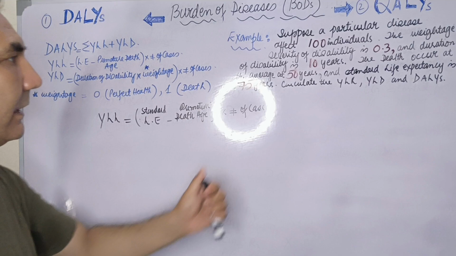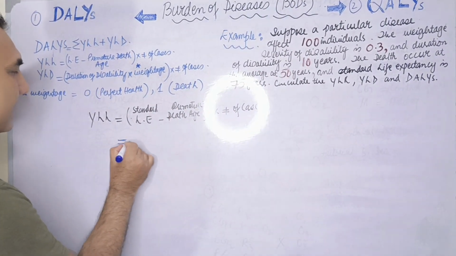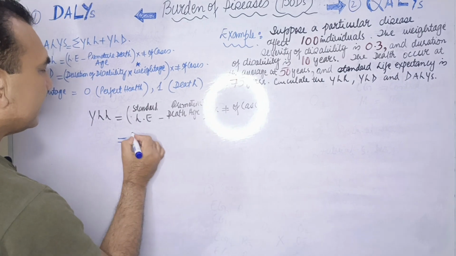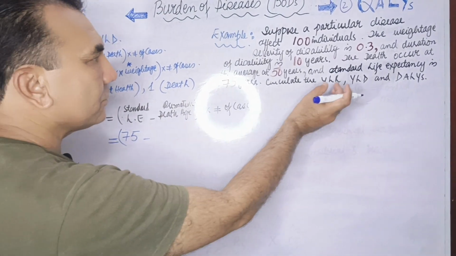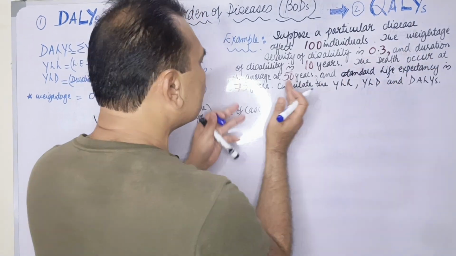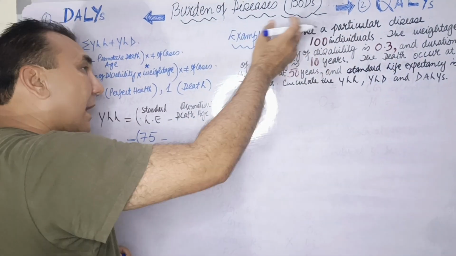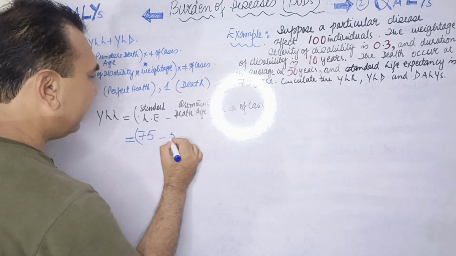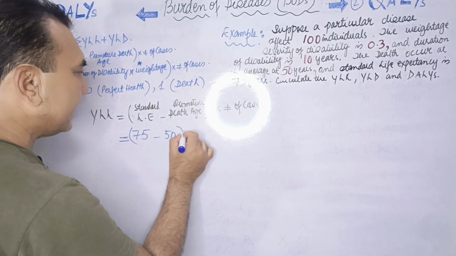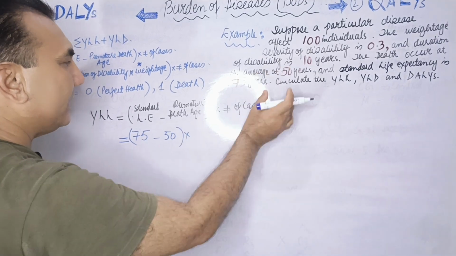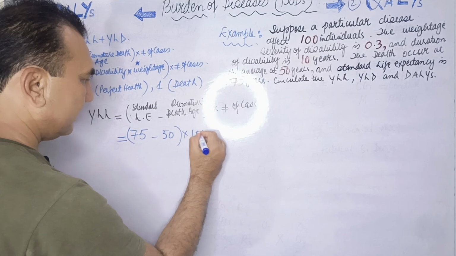In our case, the life expectancy is 75 years. And what is the premature death? The average age of death of those 100 individuals is 50 years. We will subtract 50 from 75 and multiply by the number of cases, which in our example is 100 cases.